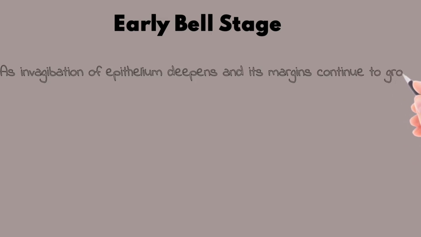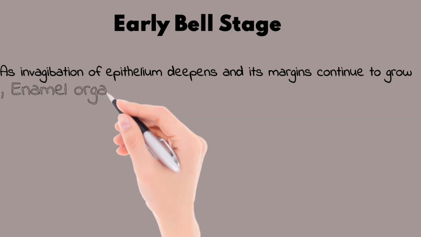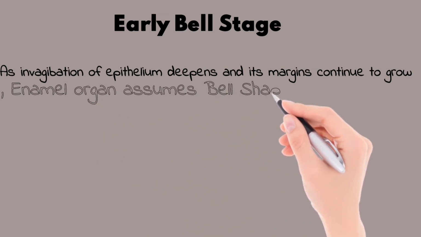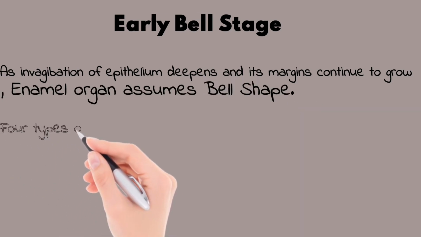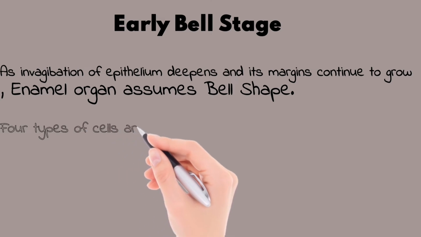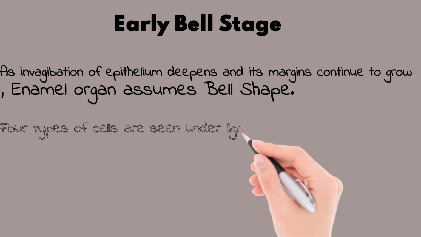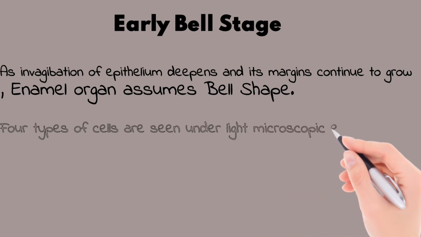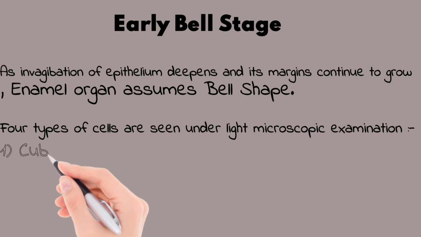There are mainly 4 types of cells seen under light microscopic examination in this early bell stage. These 4 cells are very important, so let's study them. First, we have the cuboidal outer enamel epithelium. Next, we have the polygonal stellate reticulum.